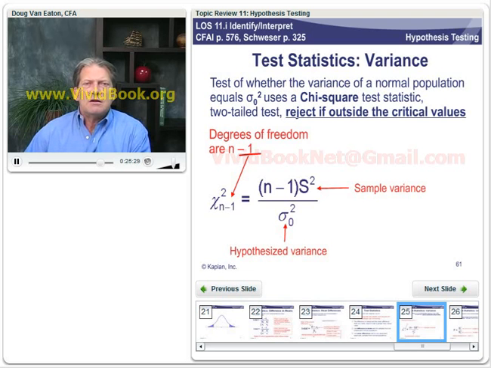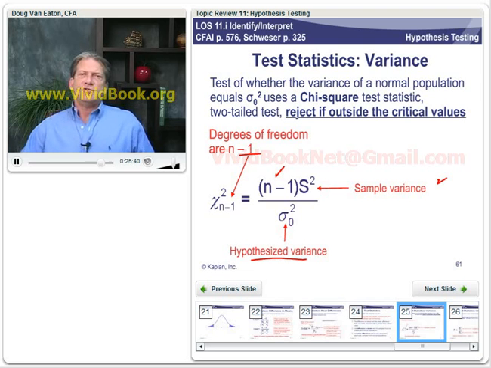Here's our hypothesized value, and here's our sample variance times n minus 1. And since this is a two-tailed test, a test of whether the variance equals a point value, we're going to reject if we're outside this range of critical values.